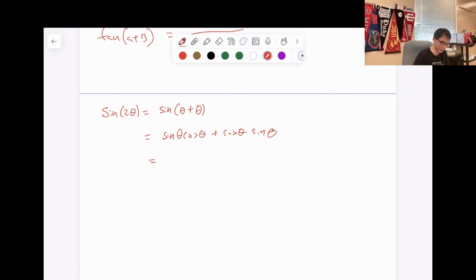Since they are the same, it'll be 2 sine theta cosine theta. That is the first double angle identity that you have on your list, right?